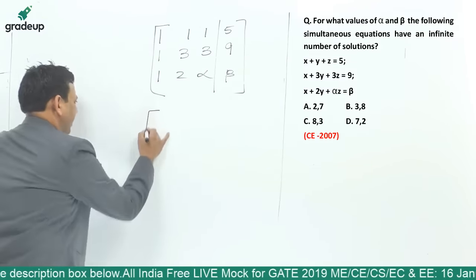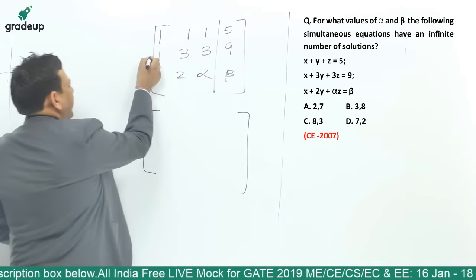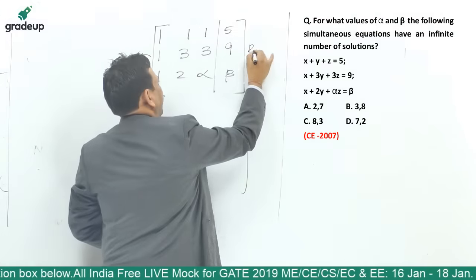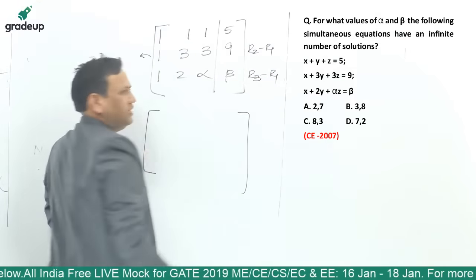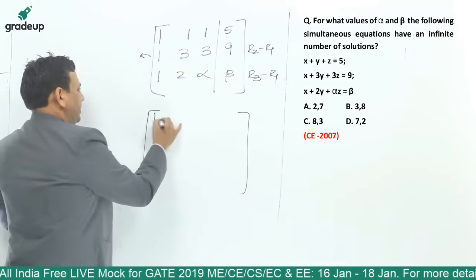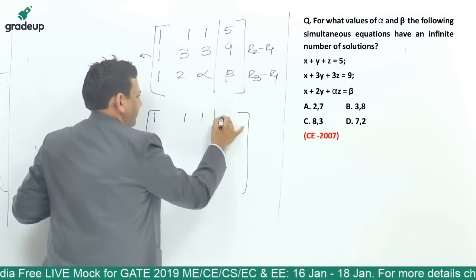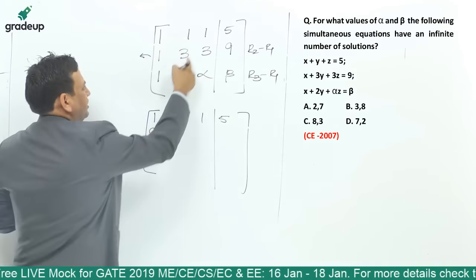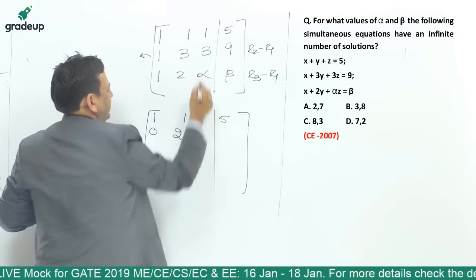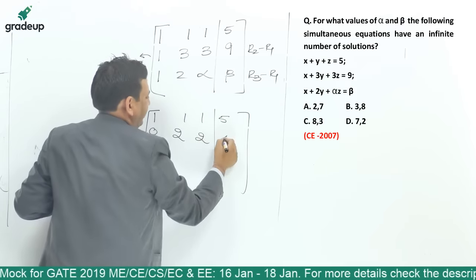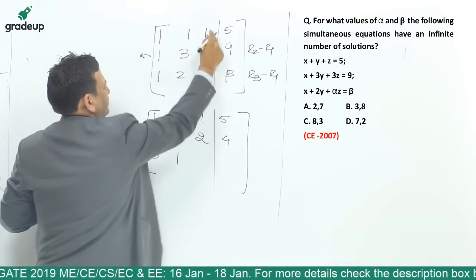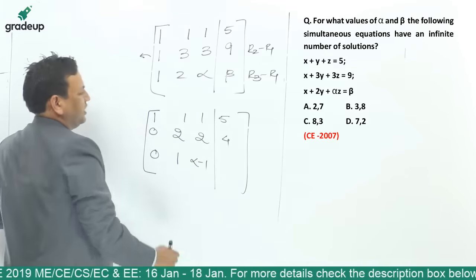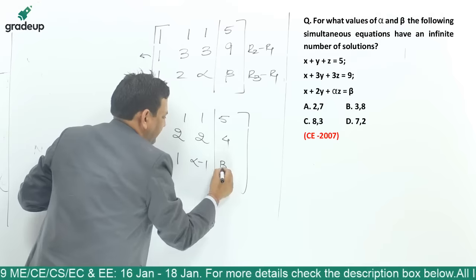How to calculate the rank? Make these entries 0. So R2 minus R1, and R3 minus R1. You will get 1, 1, 1, 5, then 0, 3 minus 1 is 2, 3 minus 1 is 2, and 9 minus 5 is 4. Then 0, 2 minus 2 is 0, alpha minus 1, and beta minus 5.